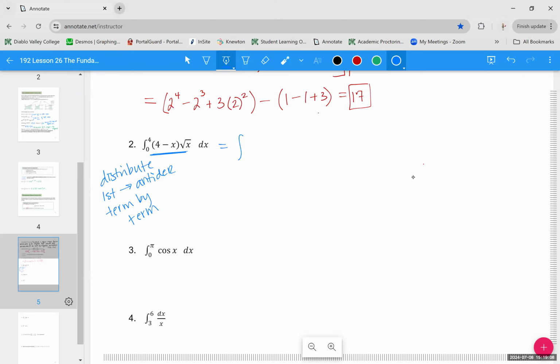So I'm going to leave that 0 and 4, and then I'll have 4x to the 1/2 minus x to the 3/2. And now I'm ready to take the antiderivative term by term. That will give me 4 times, using my power rule, I'll add 1 to the exponent and then flip that new exponent as my coefficient.